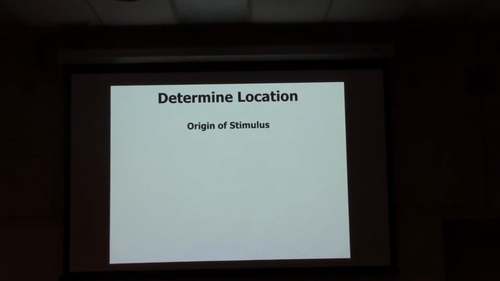Another little trick we have to help determine the location of a stimulus is lateral inhibition. This relates to touch, right? If something bumps into you, say it hits your skin, it stimulates receptors there and you can feel it. But when something pushes on your skin, you're actually stimulating a lot of receptors in that area.